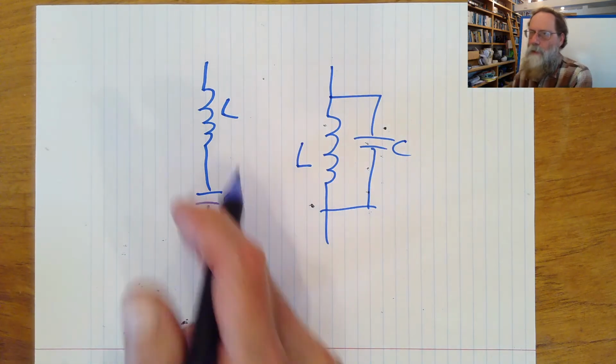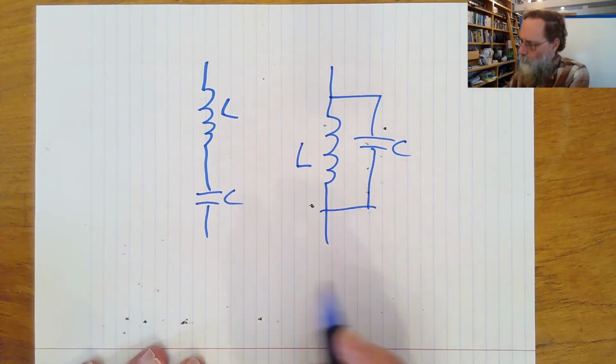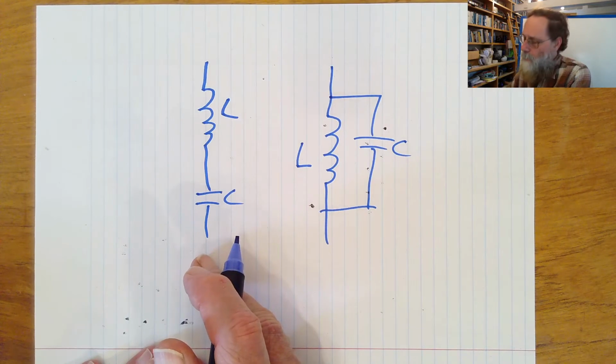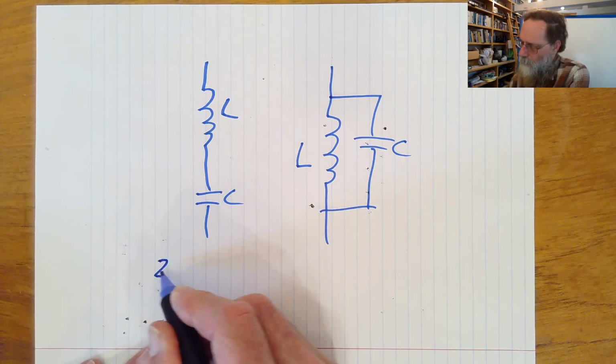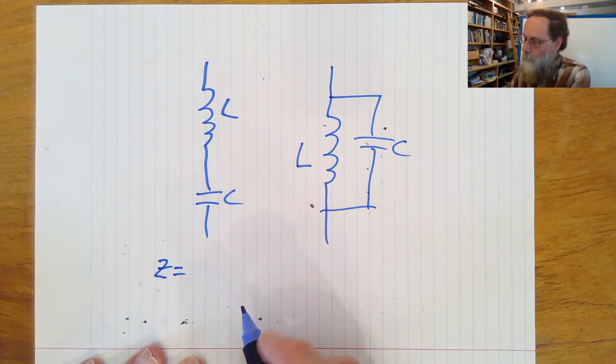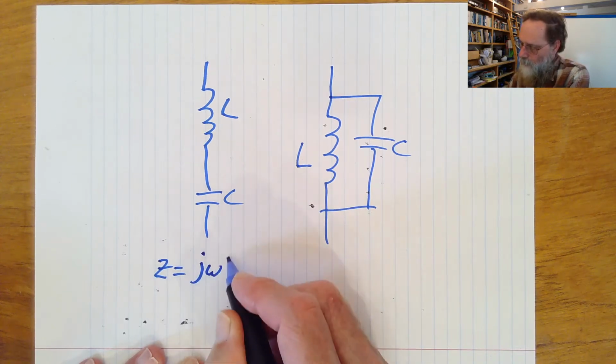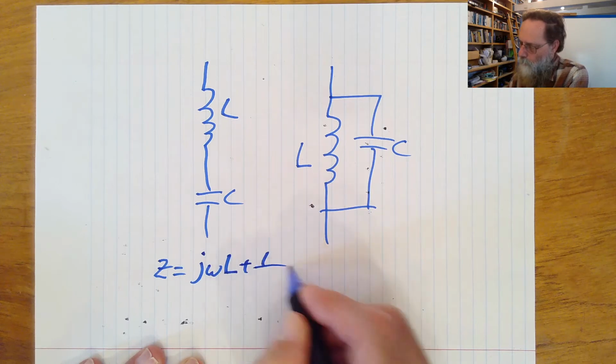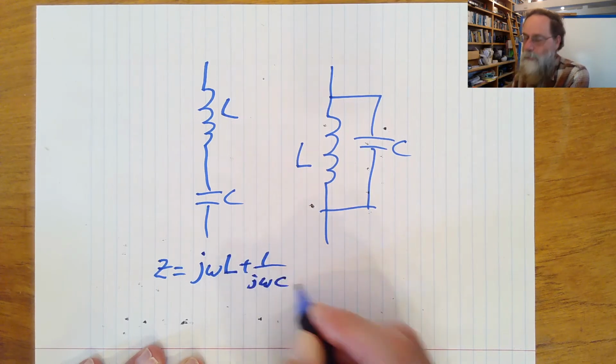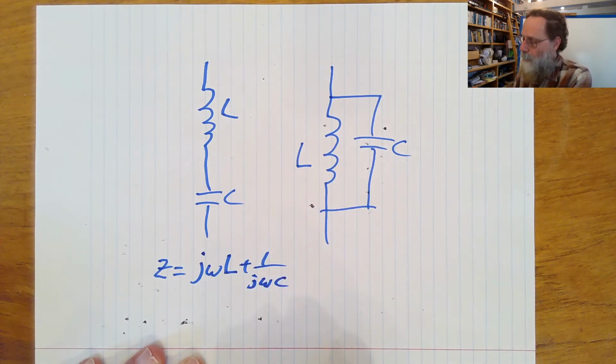What's the impedance of each of these things? Well, if two things are in series, then the impedance is just the sum of the two impedances, so that's j omega L plus 1 over j omega C added together.